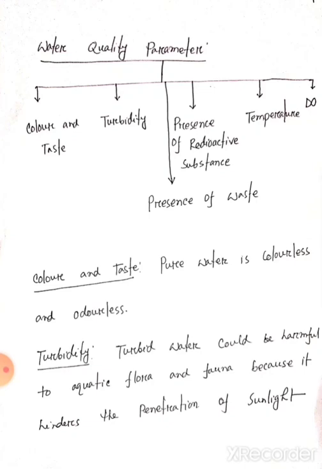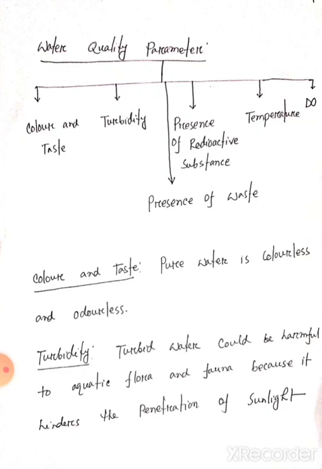Turbidity. Turbid water could be harmful to aquatic flora and fauna. We know flora means the plants of a particular region. On the other hand, fauna means the whole animals of a particular region.